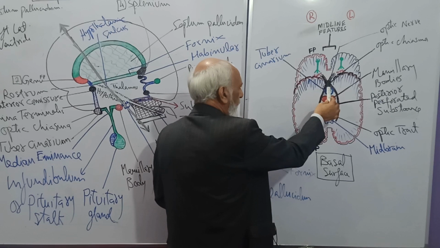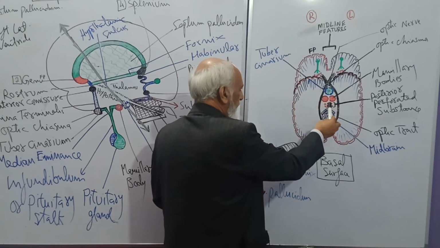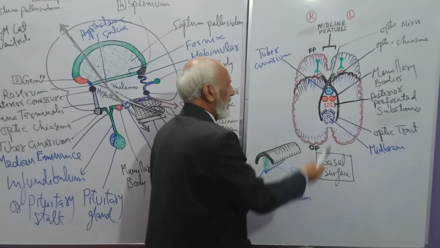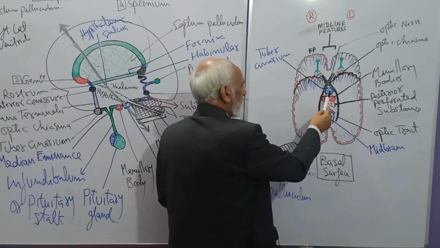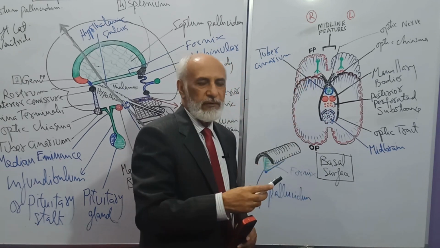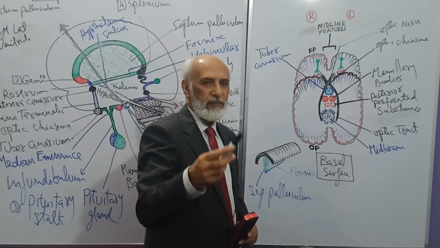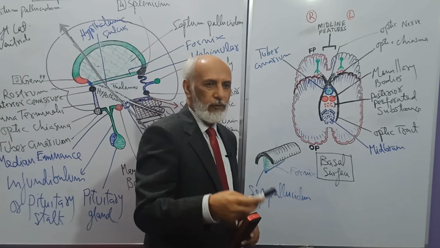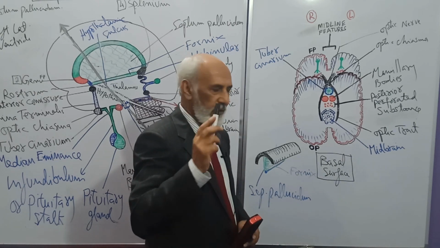Now behind the optic chiasma, what are the midline structures from before backward? Just behind the optic chiasma is the tuber cinereum, and from its tip the infundibulum arises. With the help of that, the pituitary gland is suspended from the basal surface of the cerebrum.